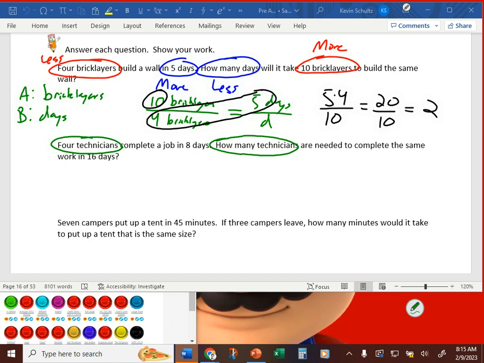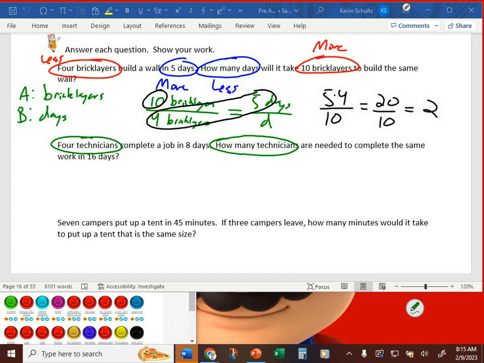Is the 4 the more or is the 4 the less? If 4 technicians complete a job in 8 days, you want to know how many technicians will complete the same work in 16 days.